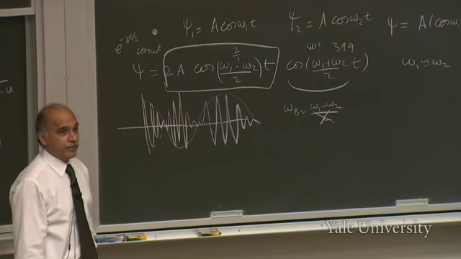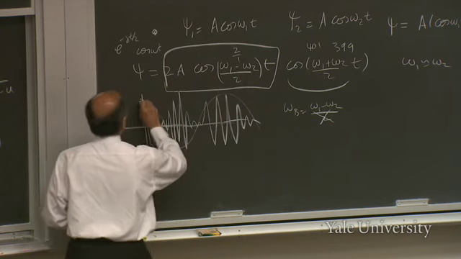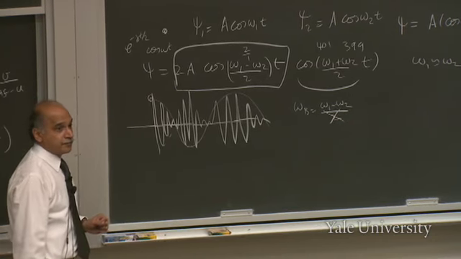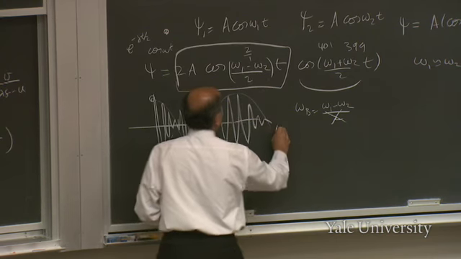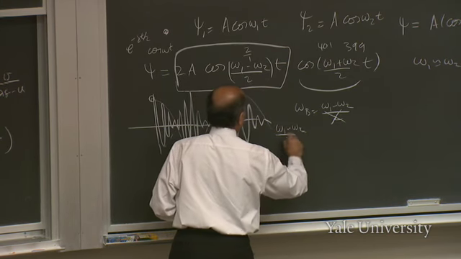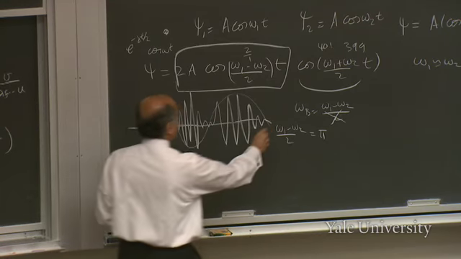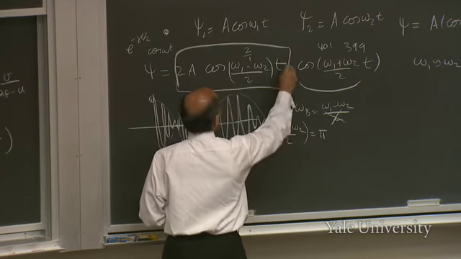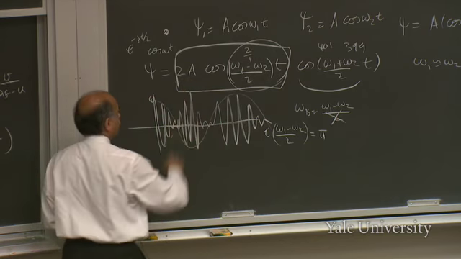At t equal to 0, when the cosine had a value 1, you got an amplitude 2a. Wait till omega 1 minus omega 2 over 2 times t is not equal to 2 pi, but equal to pi. If this whole combination is equal to pi, this number becomes a negative number of size 2a.